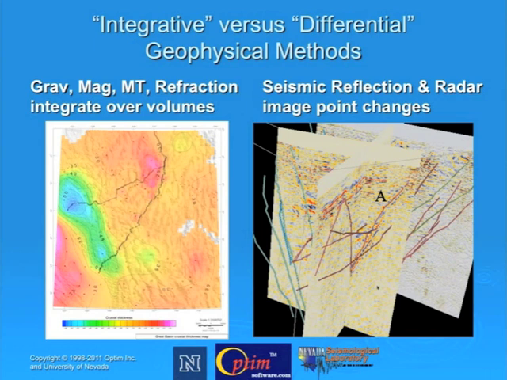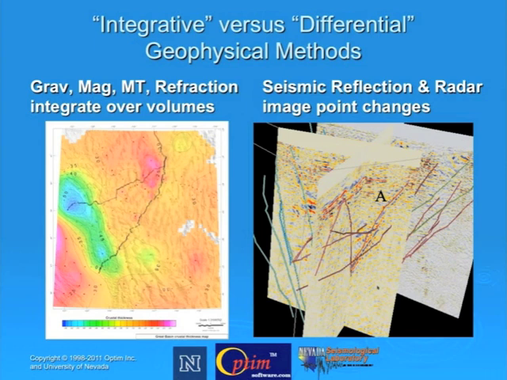And so we lose resolution rather quickly as we look below the surface and below the places where we have our sensors set up. Those are seeing as they integrate over volumes, we call them integrative techniques. There are just a couple of techniques that are not integrative, that image point changes, okay? And those are seismic reflection, which is the one that's most popular, and also ground probing radar, okay?